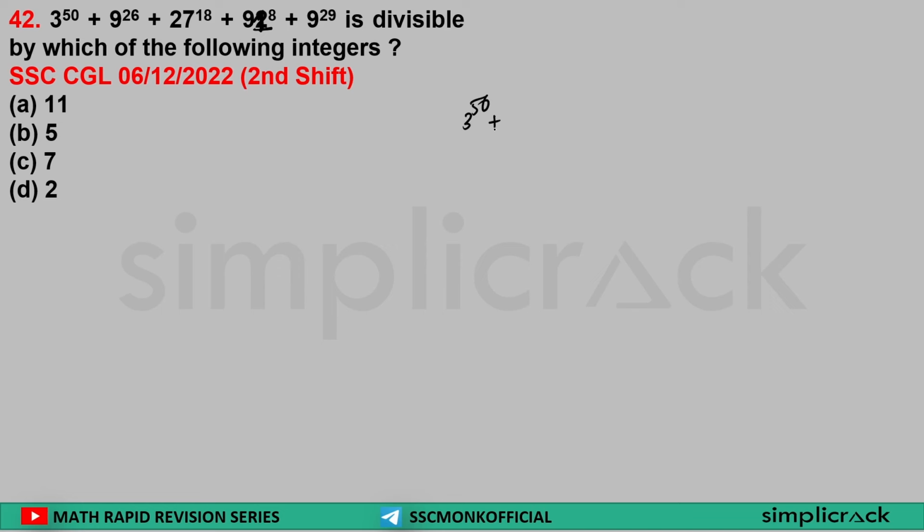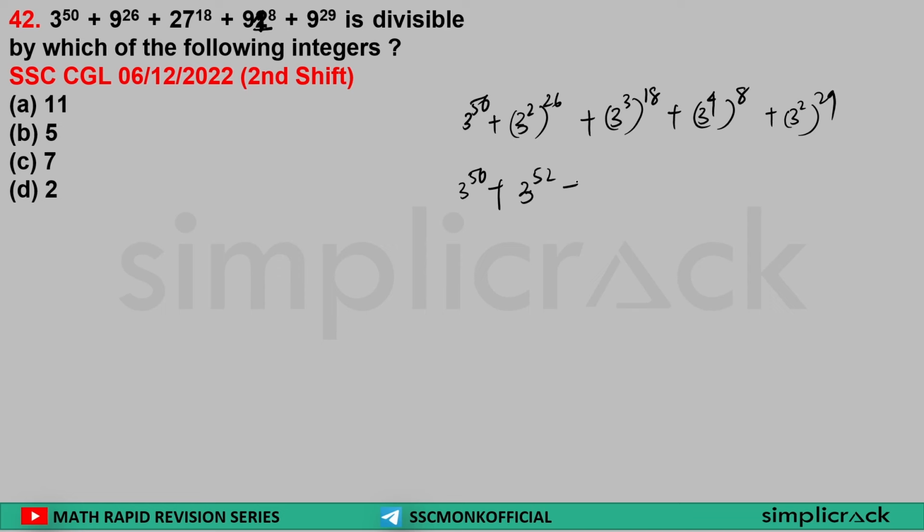So 9 can be written as 3 square to the power 26 plus 27 can be written as 3 cube to the power 18 plus 81 can be written as 3 to the power 4 to the 8 plus 3 square 29. So this can be written as 3 to the power 50, 26 into 2 is 3 to the power 52, 3 into 18 is 54, plus 4 into 8 is 32, plus 2 into 29 is equal to 3 to the power 58.